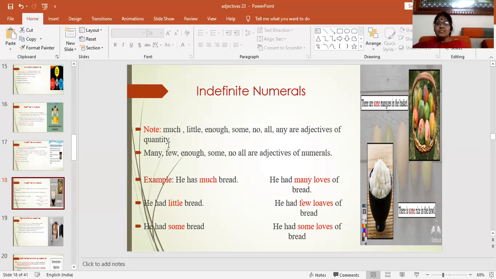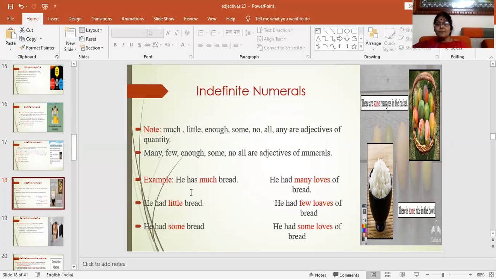Words like much, little, enough, some, no, all, any are adjectives of quantity, right? Many, few, some, all are adjectives of numerals, right? How will we use this? For example, he has much bread.